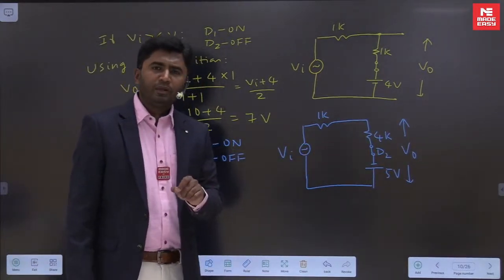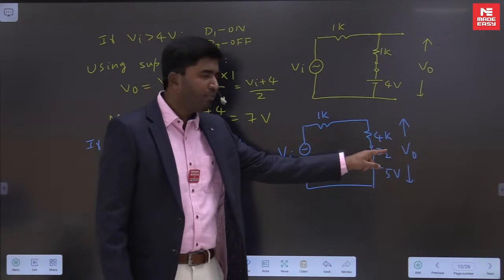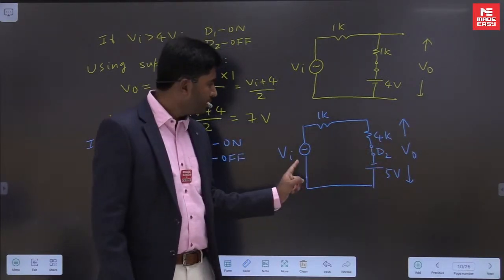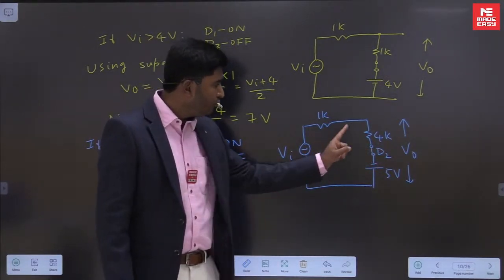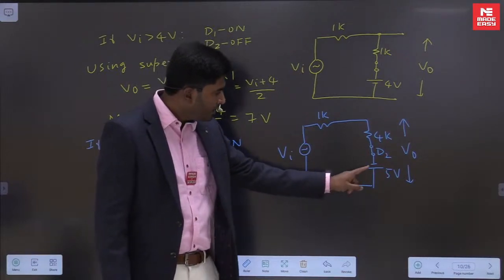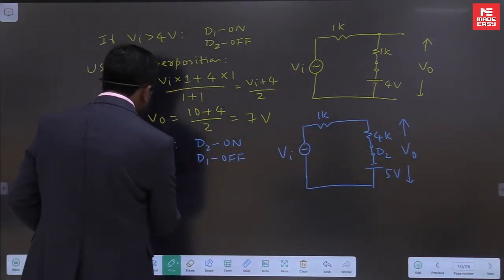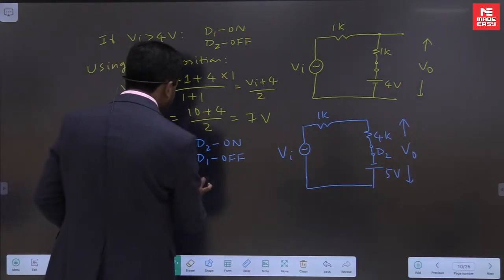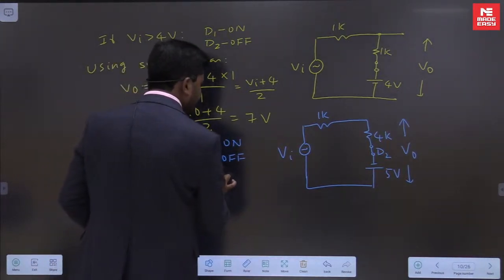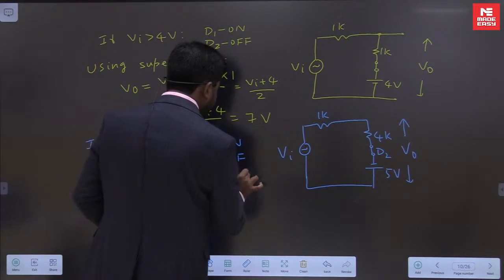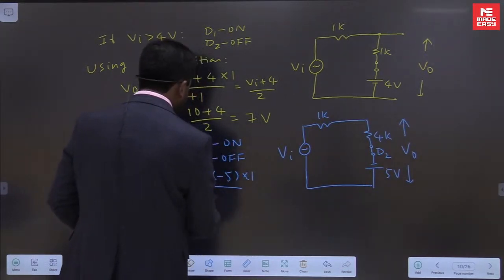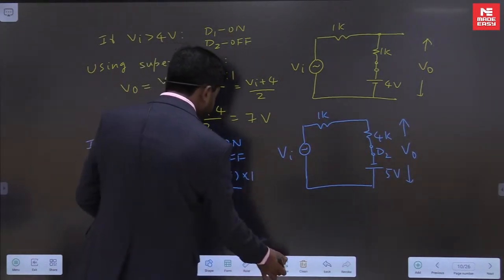Once again I can calculate V0 with the help of the superposition approach. It will be Vi into 4 plus -5 into 1 by 1 plus 4. V0 is equal to 4 Vi plus -5 into 1 by 1 plus 4.